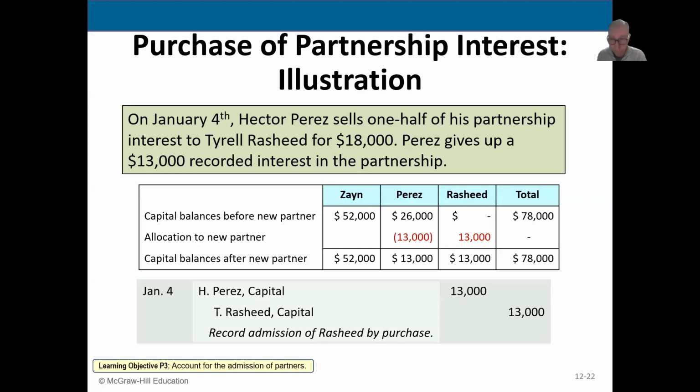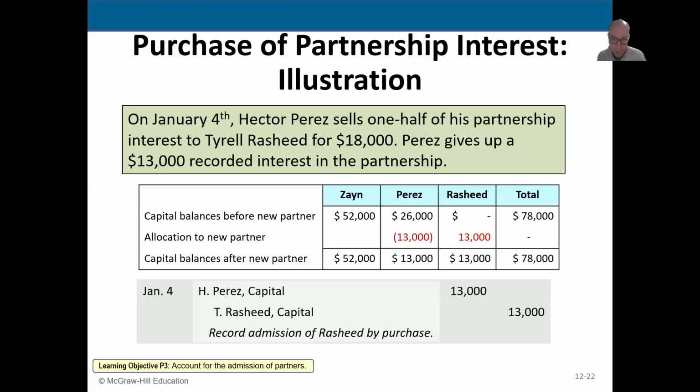So here's what we got. Before the new partnership, Kayla had 52,000 and Hector had 26,000. Tyrell just joined, so there is no prior balance. Total balance 78,000. The way that Tyrell decided to join the business was to buy a share of the business from Hector, 13,000.